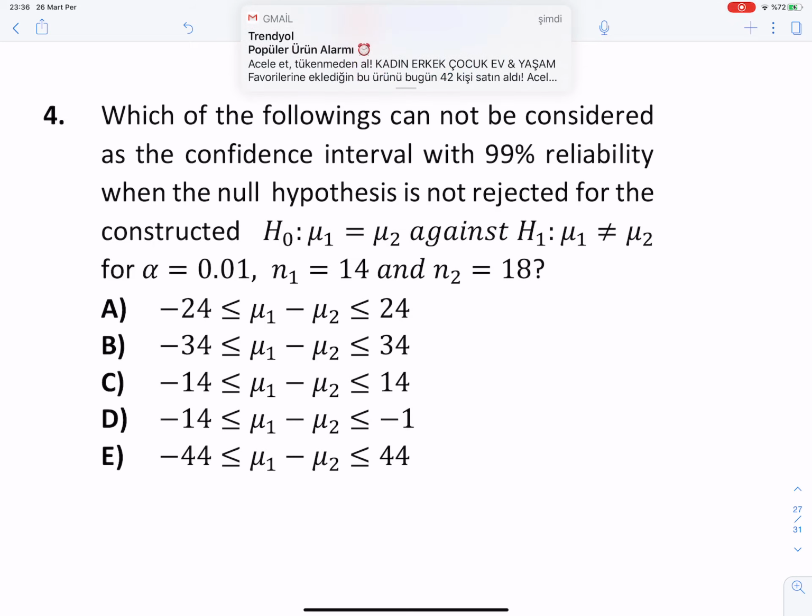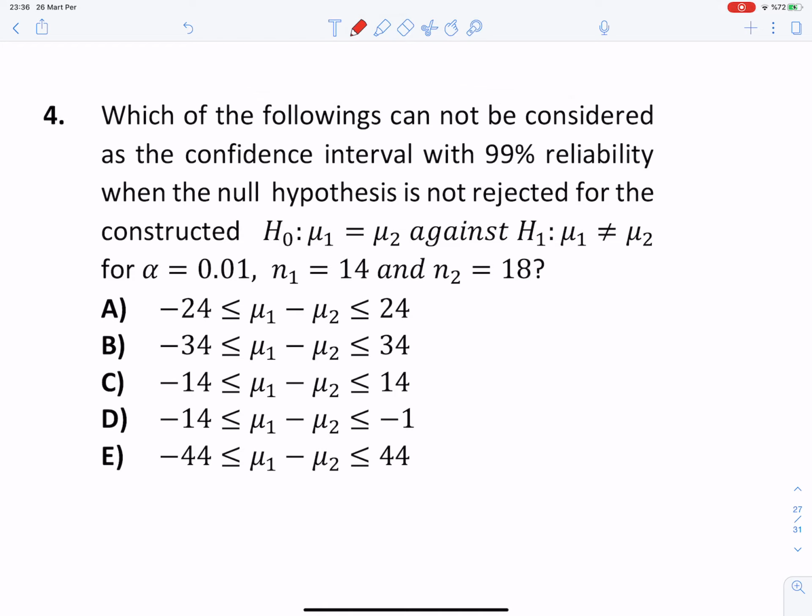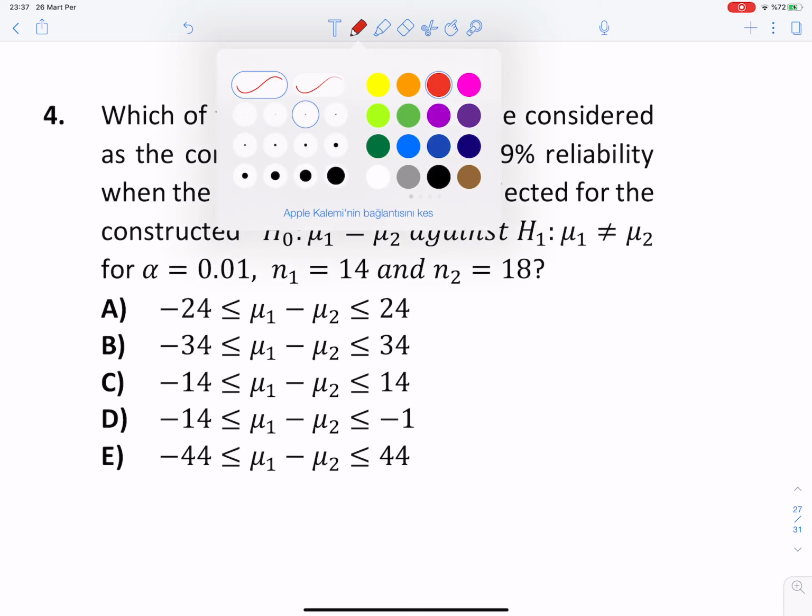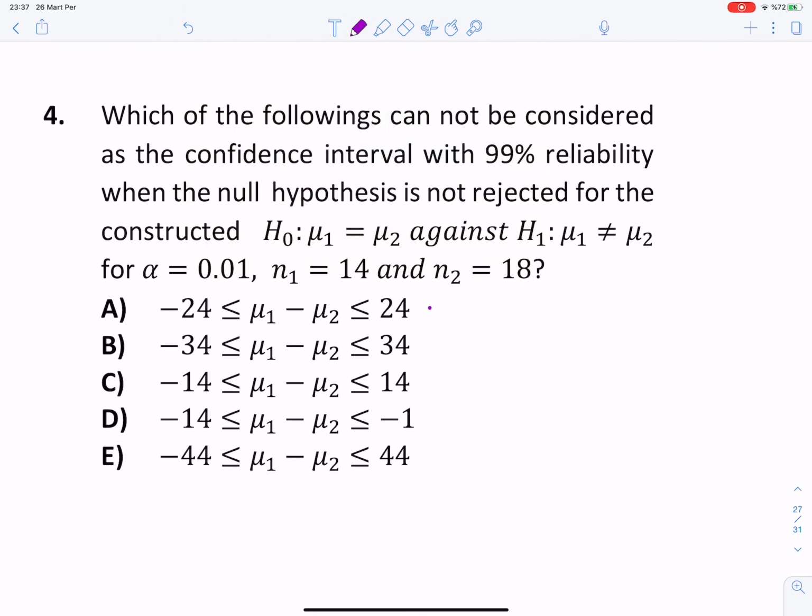So it means the lower bound and the upper bound will both be negative or both be positive, and the confidence interval should not include the 0 value. So in the first one, the 0 value is included. Yes, you have the 0 value included.